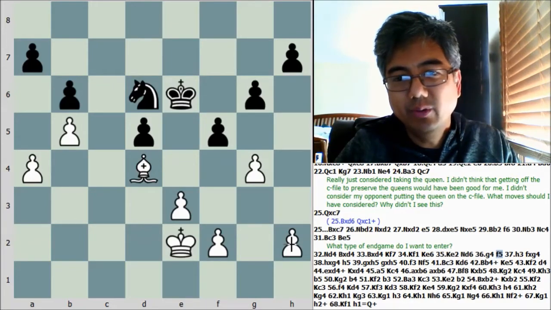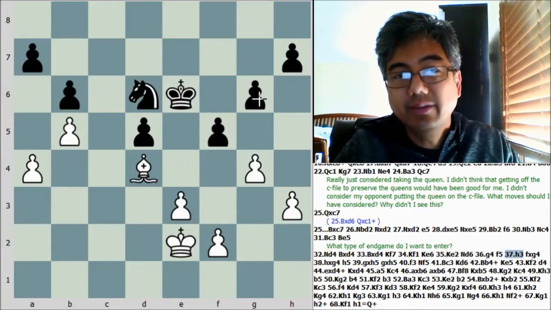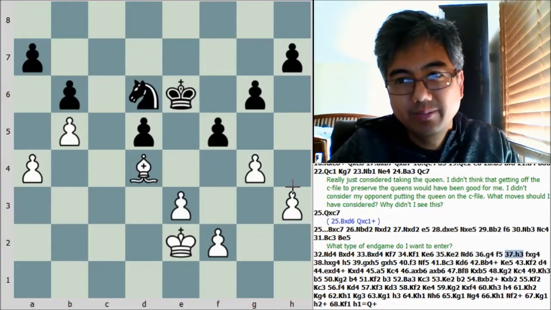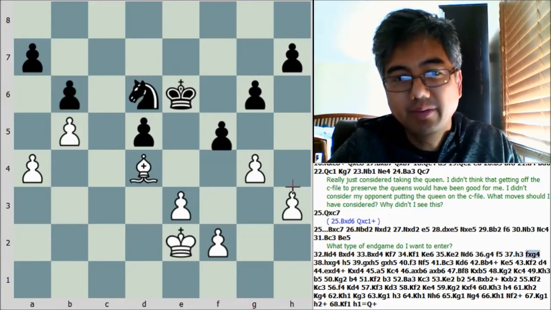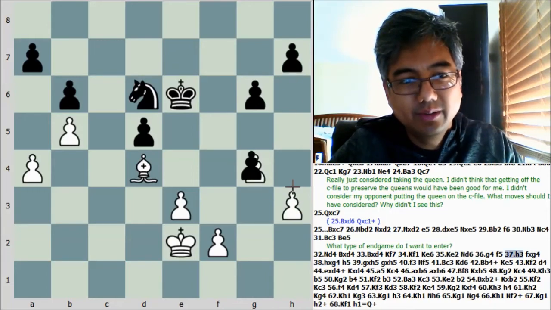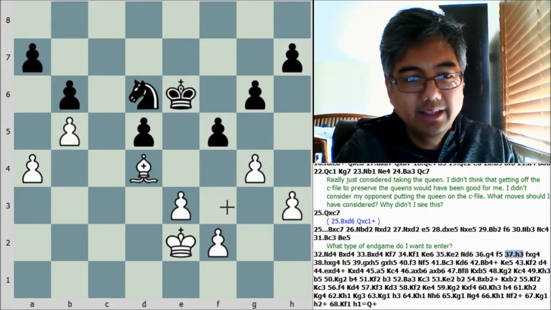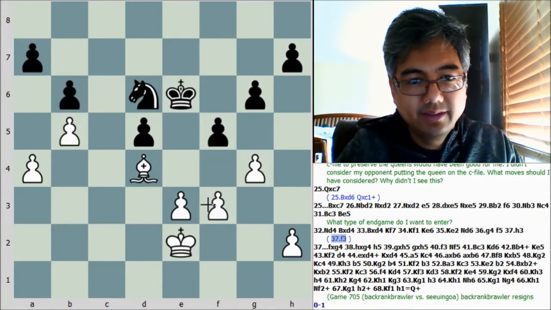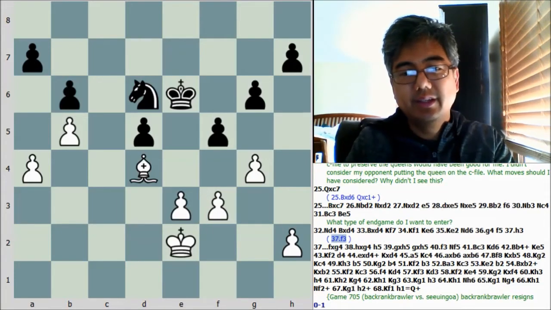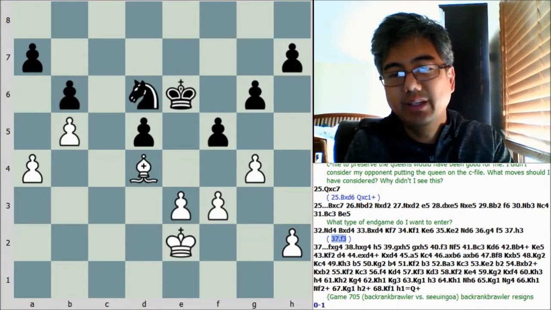One area would be, I played h3, which allowed him to create a queen majority and a passed pawn here. And so I might want to put something like, let's see, consider f3 instead.